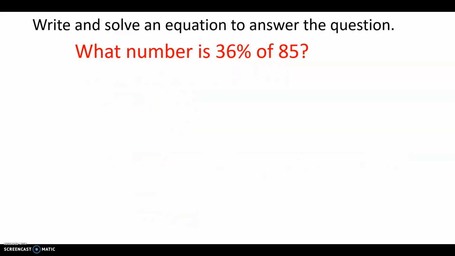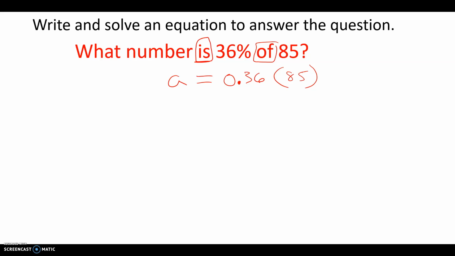All right. This one, what number is and of. Is equal. So what number? That's going to be A equals 36%. We have to write that as a decimal, so 0.36 times 85.